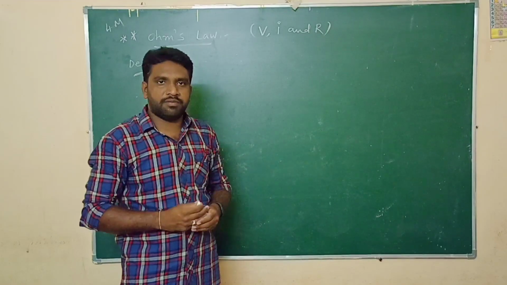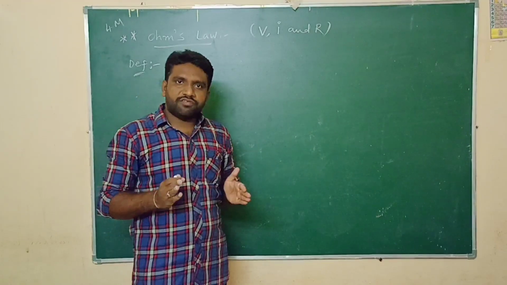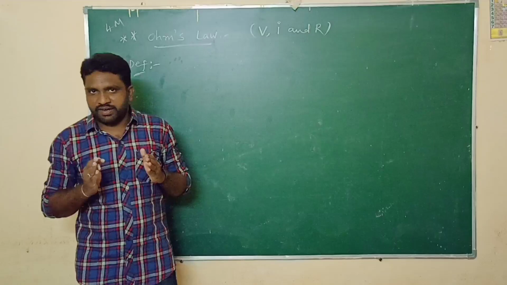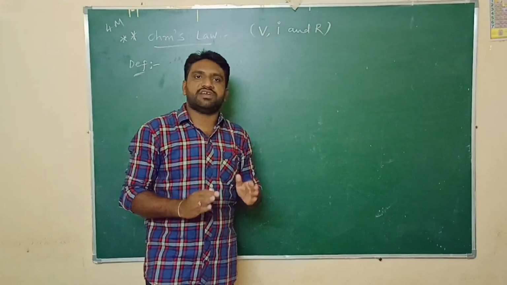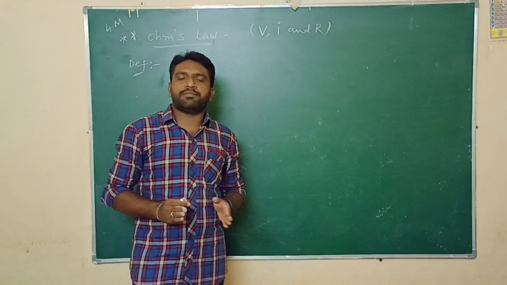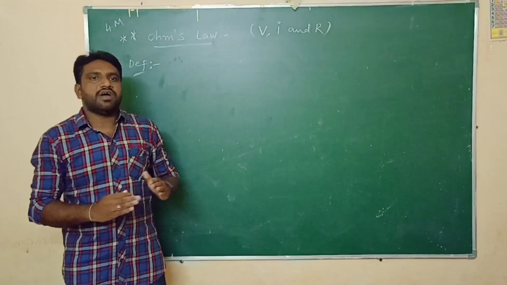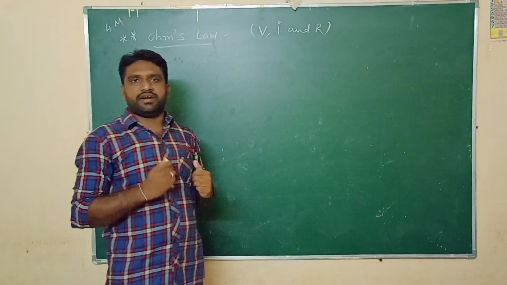Once again, the amount of potential difference applied to the conductor at a constant temperature is always directly proportional to the magnitude of current flowing through the conductor.